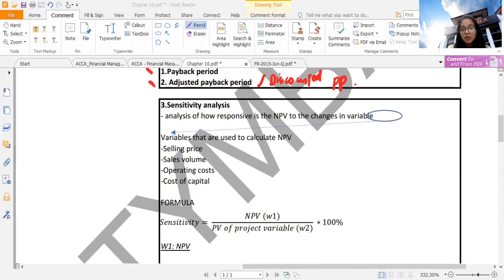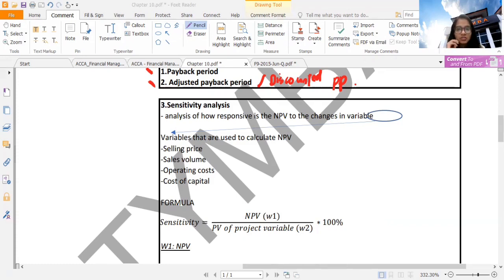Okay, why is it important for you to identify this? Or what is the reason for you to identify this? So, the reason for you to identify the variable that will affect the NPV in such a way where NPV becomes zero, that is the variable that the management of an organization, of a company, will have to focus their attention on, because that is the variable that can affect the NPV very badly.